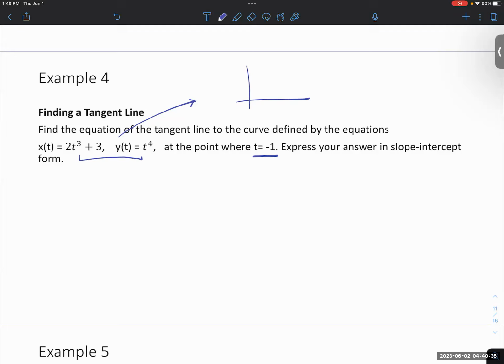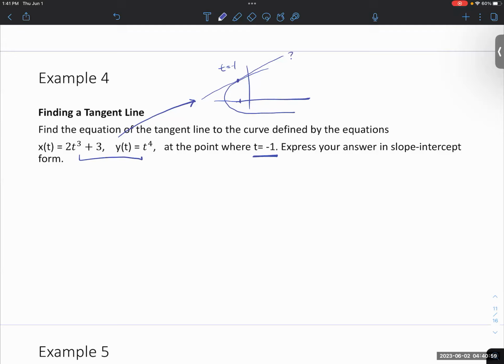Let's say the parametric equation and graph look like that. When t equals -1, they want to find that tangent line. So we want to find y = mx + b.